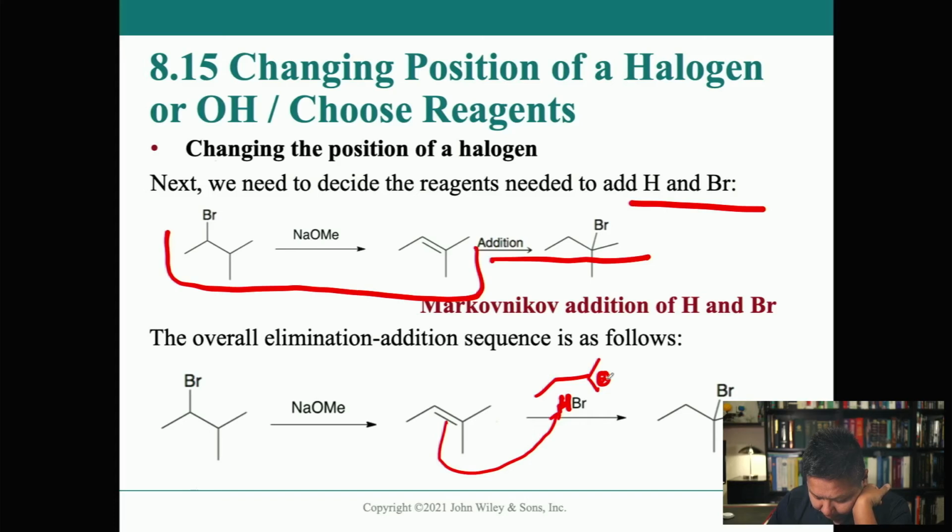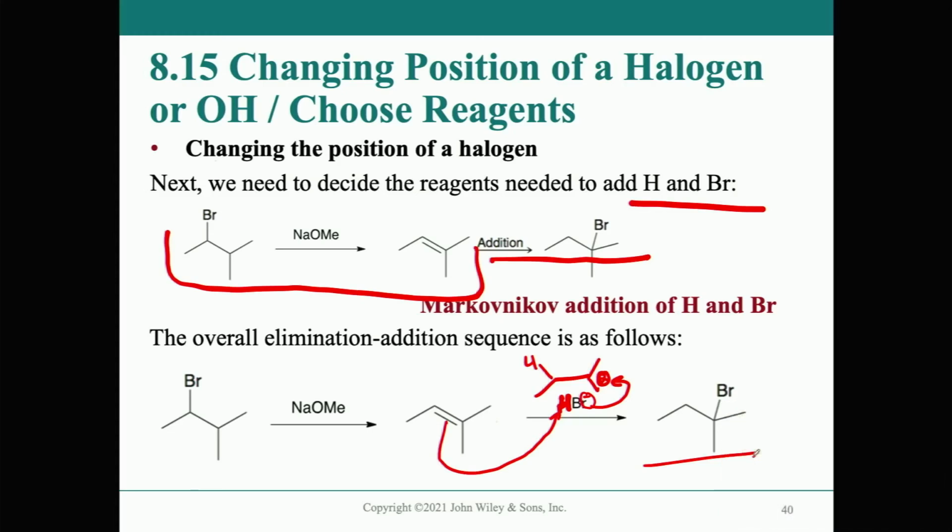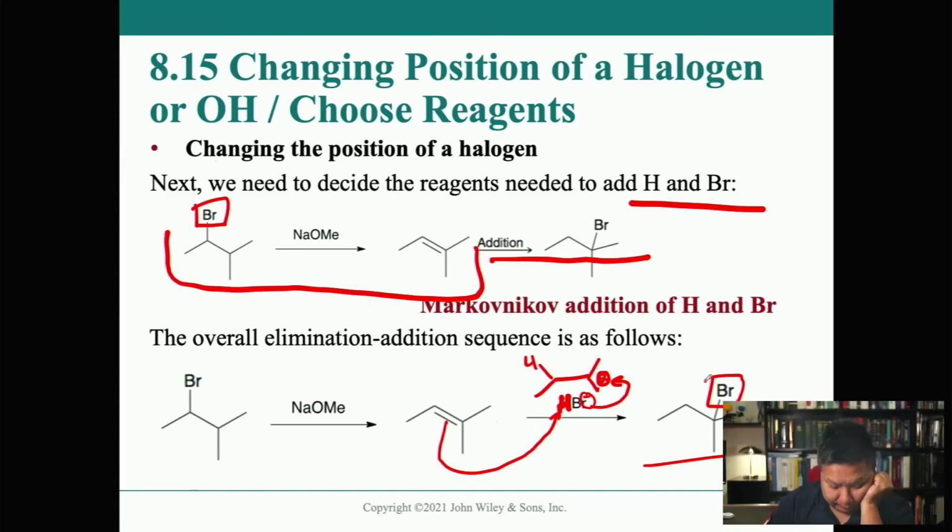And the proton gets added on over here, and then the bromine, which is a bromide now, does a nucleophilic attack on that tertiary carbocation, and it gives you that, which you can't see because my head's in the way. But there we go, that. And that's how you get from a bromine being over here to a bromine being over here. Let me bring myself back. There we go.